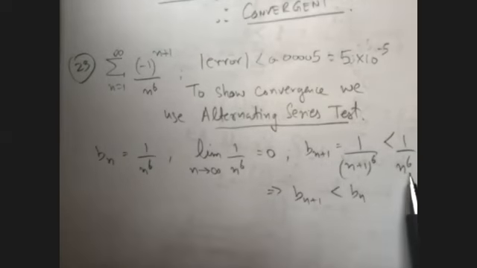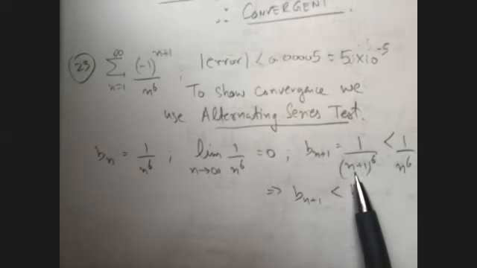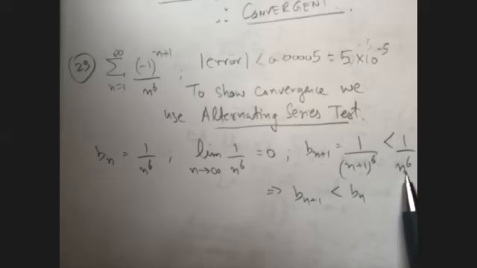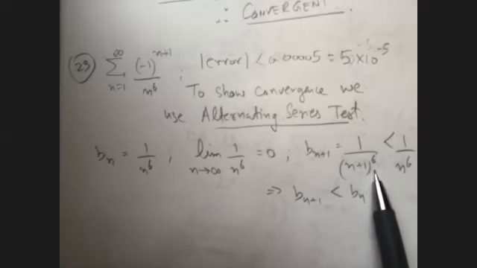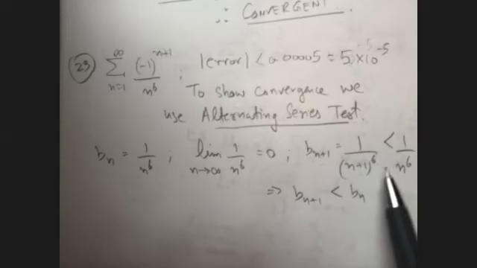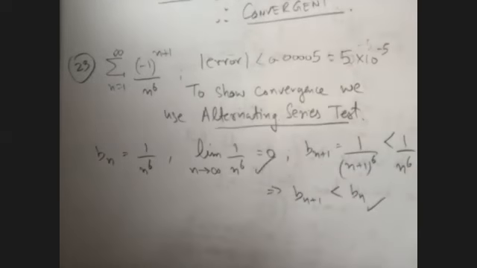So if n is 1, this is 2. If n is 2, this is 3. So 2 to the 6 is less than 3 to the 6. Because the denominator is greater here, 1 over that is less. So both conditions are true. Therefore, convergent.